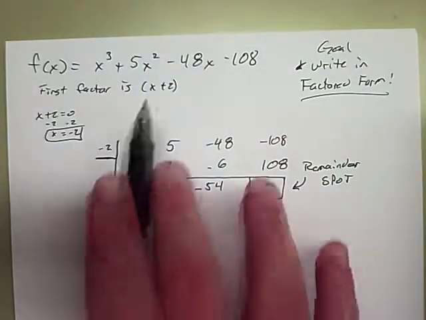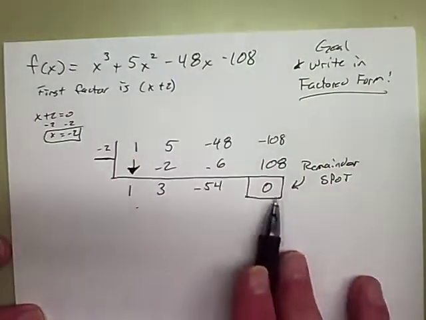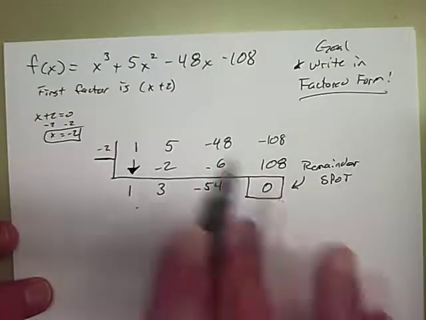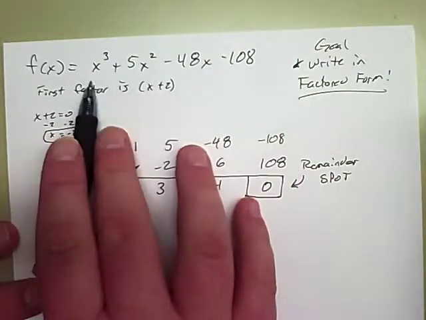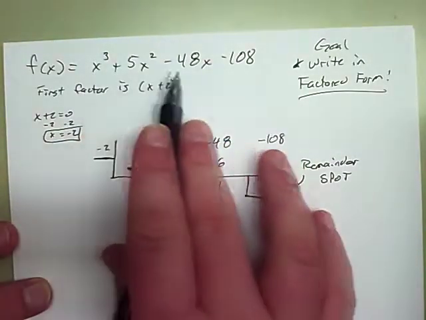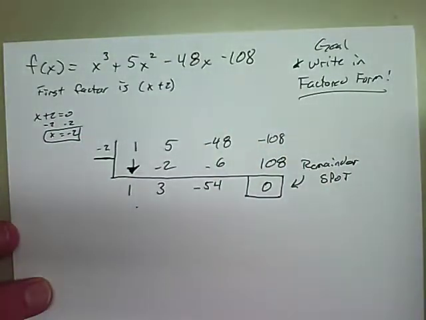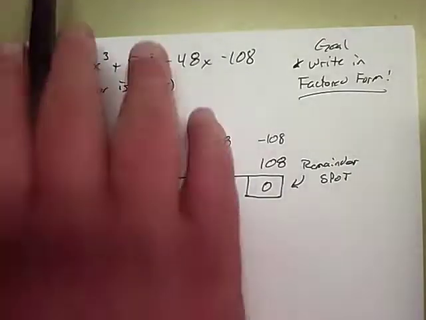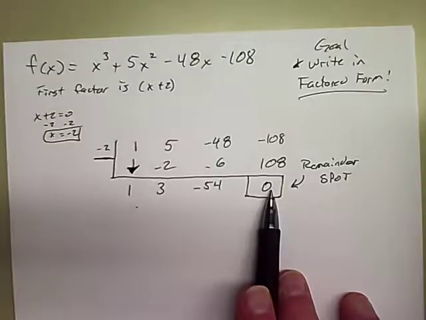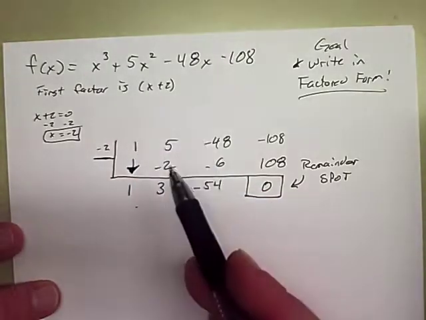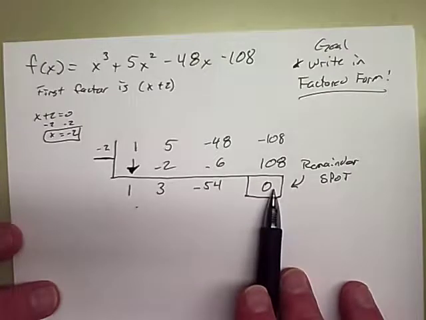All right, so the binomial x plus 2, since I got a remainder of 0, is a factor of x to the third plus 5x squared minus 48x minus 108. So that's step 4, check the remainder. I've checked my remainder. It is 0. So that tells me that x plus 2 is a factor of the original.